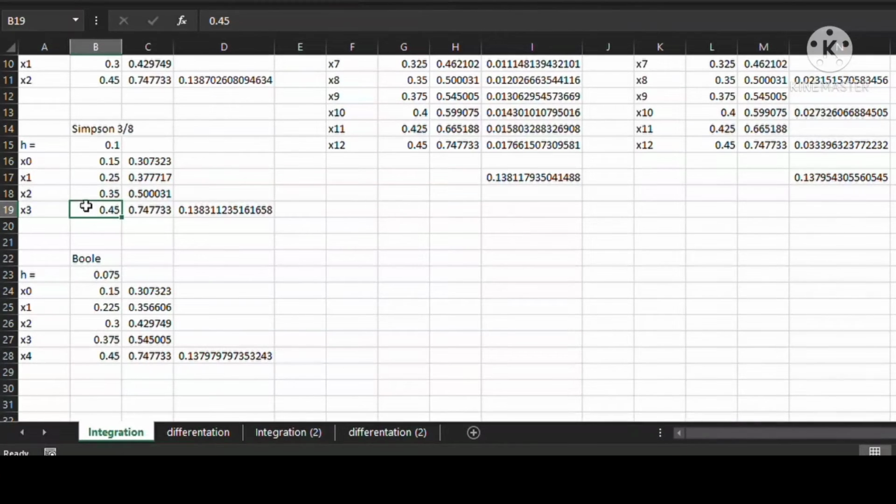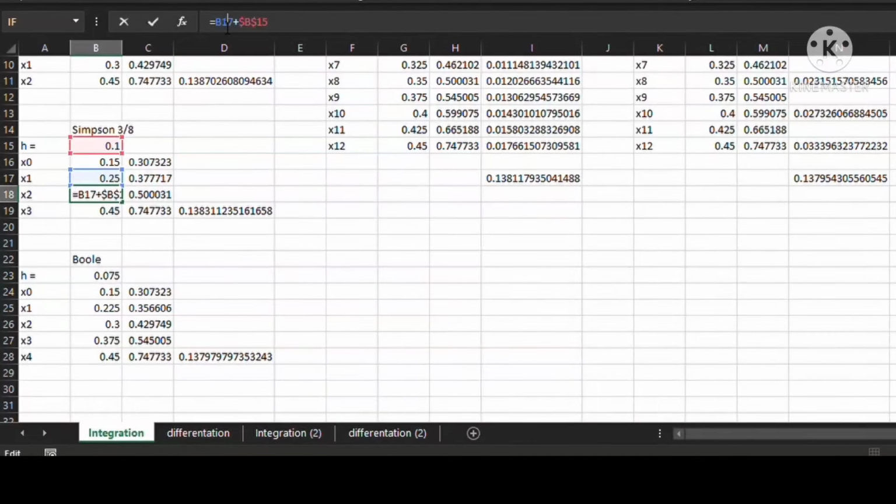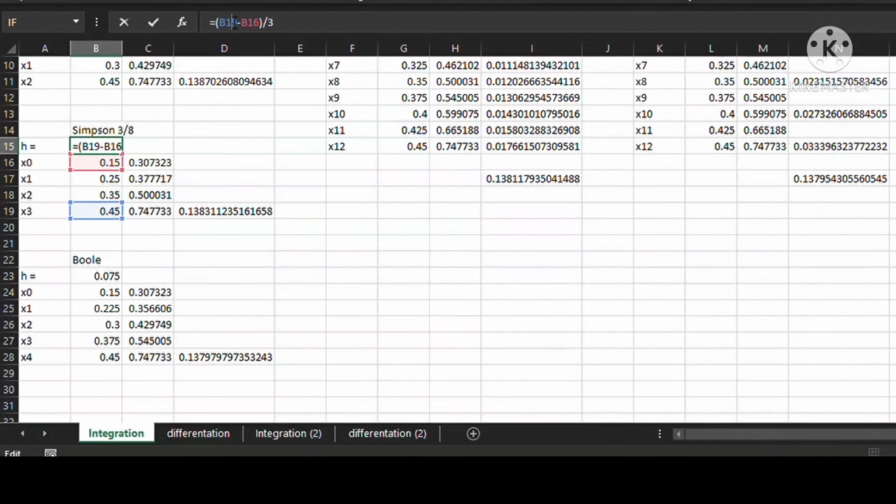Then the equation for x1 is x0 plus h, and x2 is equal to x1 plus h. Then the formula of h is x3 minus x0 over 3.